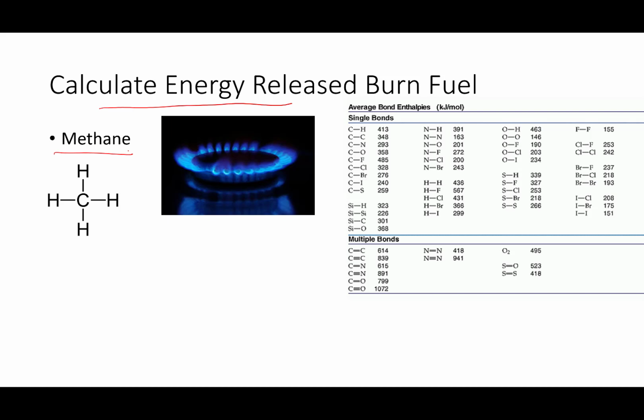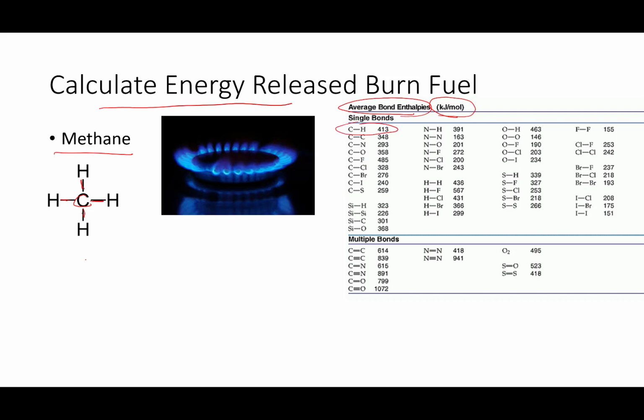This can also be referred to as bond enthalpies, and the energy we are going to calculate is in kilojoules per mole. A methane molecule is a carbon surrounded by 4 hydrogens, so there are 4 carbon-hydrogen bonds.